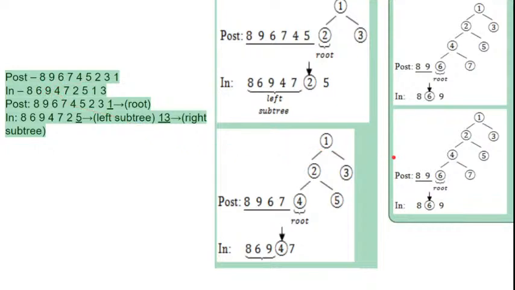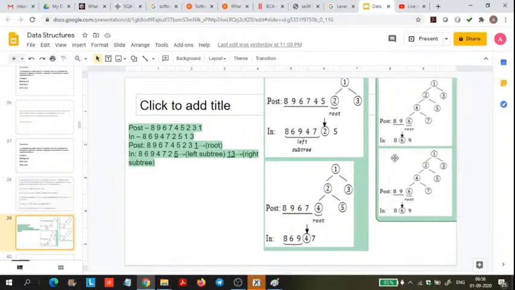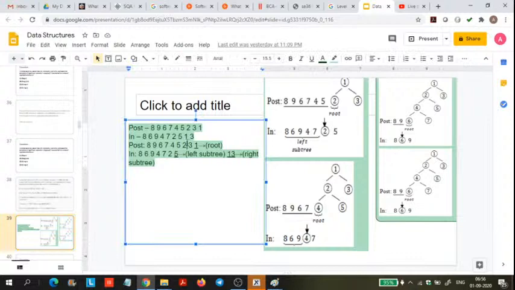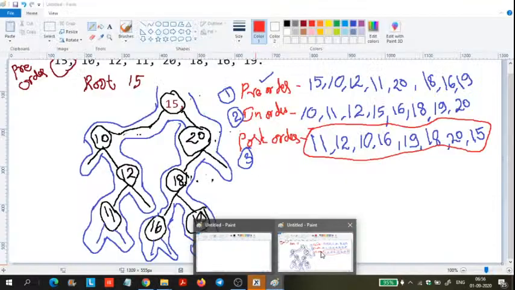With the post order they have drawn the in order, right? So here I will take this value and draw it here.